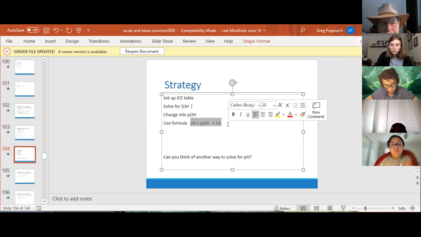Once you have the concentration of OH, can you do the negative log of the concentration of OH? That's how you get pOH. That's how you change it into pOH.